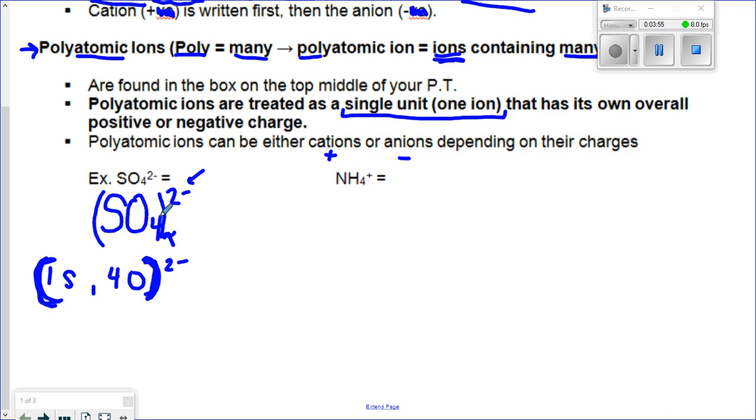A subscript tells us the relative amount of a particular atom. A superscript, high up and small, tells us the charge. So SO4 with a 2 minus charge is actually the polyatomic ion sulfate.